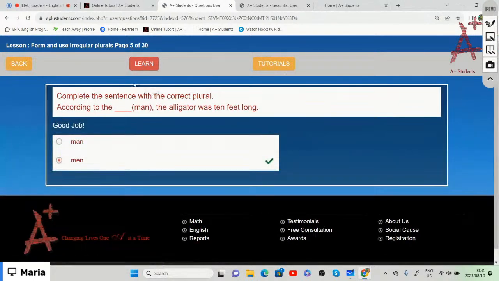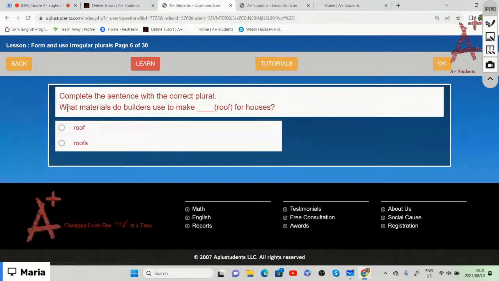All right. And then complete the sentence with the correct plural. What materials do builders use to make roofs for houses? Roofs for houses. So is it roof or roofs?